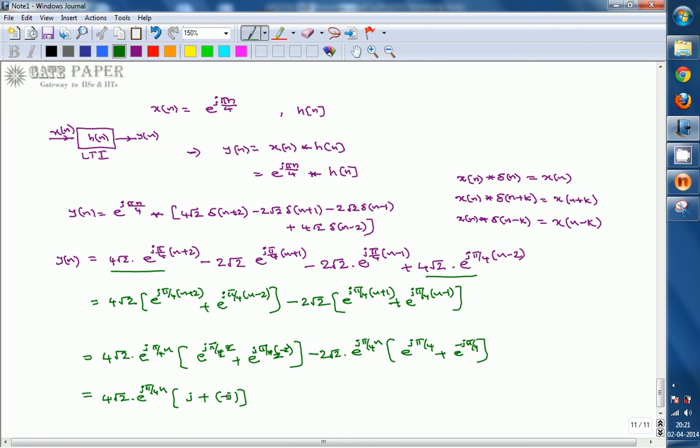Both cancel and the total value becomes 0. Then minus 2 root 2 e power j pi n by 4 times e power j pi by 4 plus e power minus j pi by 4, which we can write as 2 cos pi by 4.